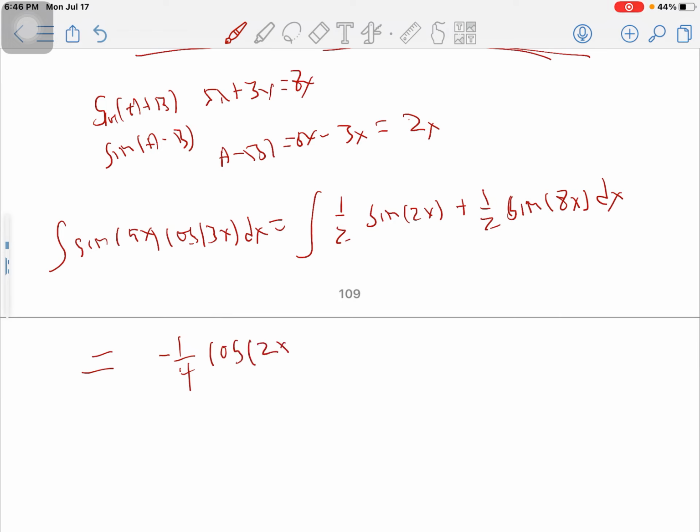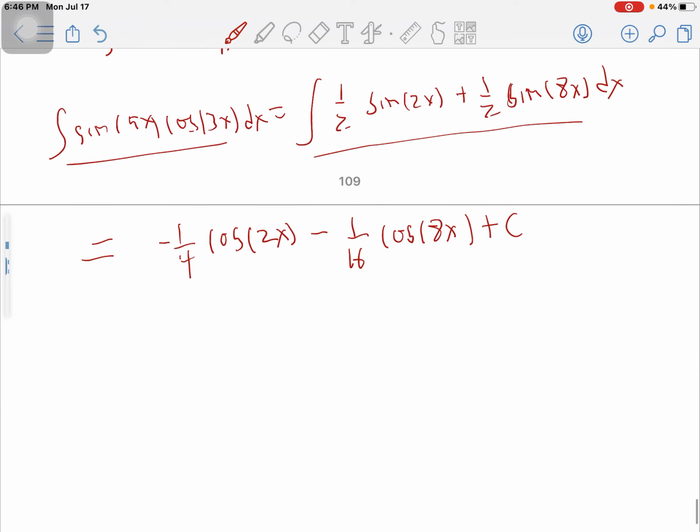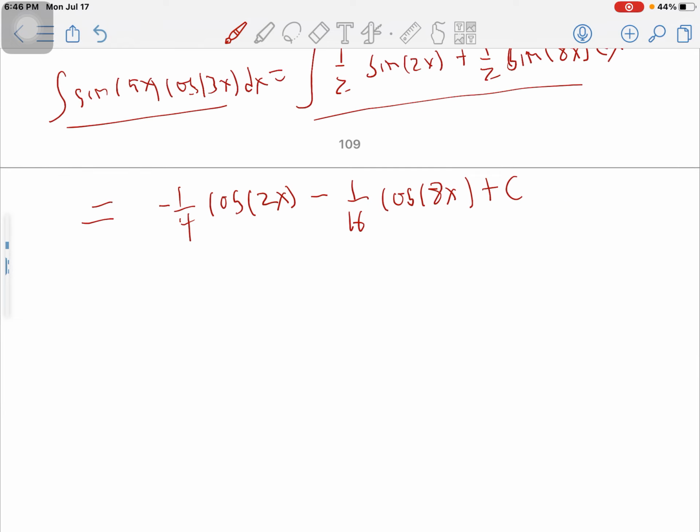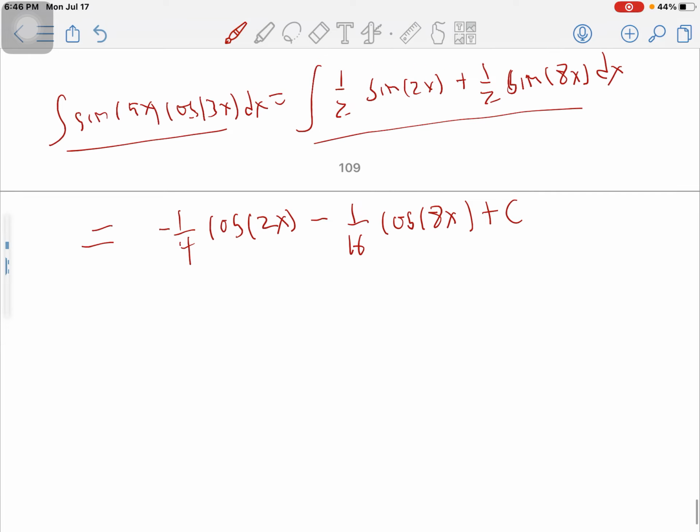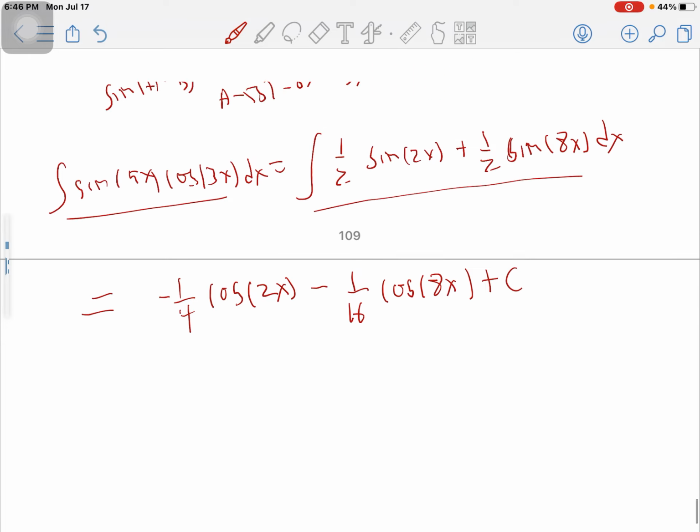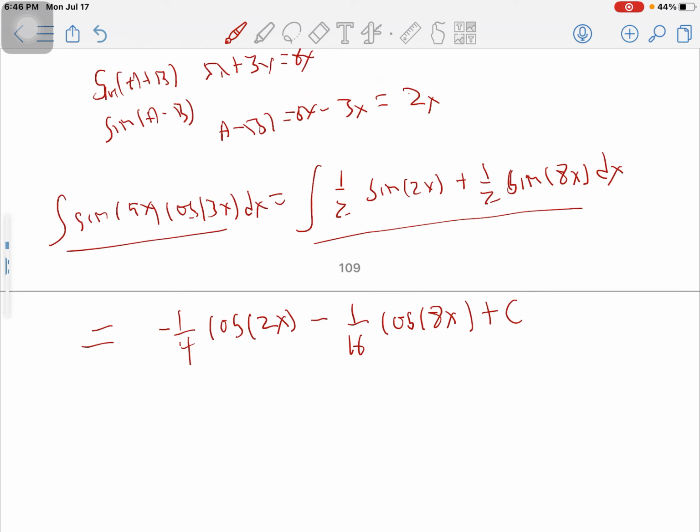At the end of the day, when we integrate it, we are going to get negative 1 on 4 cos 2x minus 1 on 16 cos of 8x plus c. As you can see, this is far simpler and easier to integrate than having it the other way. So please, those identities are very important, so I urge you to keep them at your fingertips.